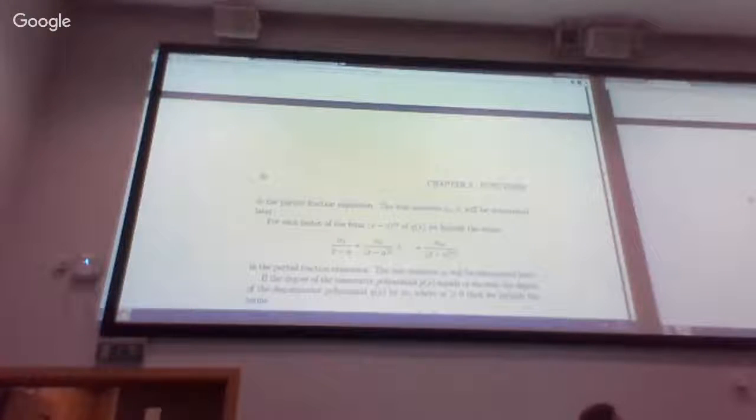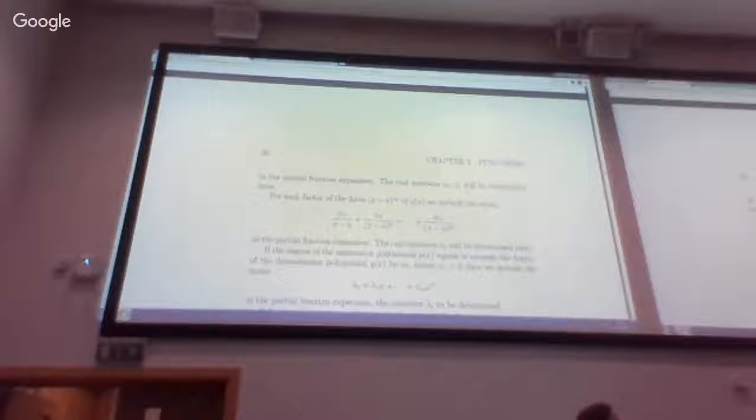The simpler type of factors, the ones which are x minus a to the power n, yield a similar collection of fractions, all over that same factor, x minus a to some power. You've got one over x minus a, one over x minus a squared, etc., all the way up as far as x minus a to the power n, whatever the value of n is. But this time the numerators are just simple constants. So there's no x term in the numerator for these. Okay.